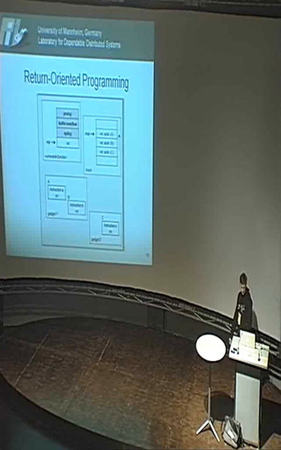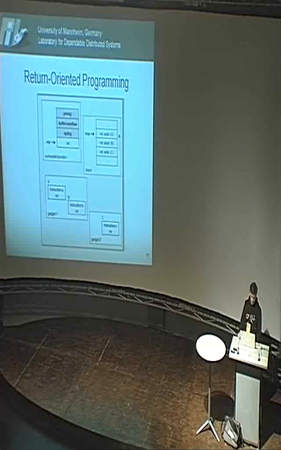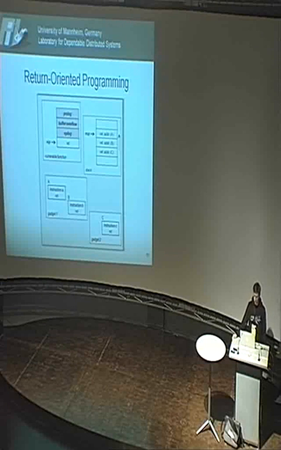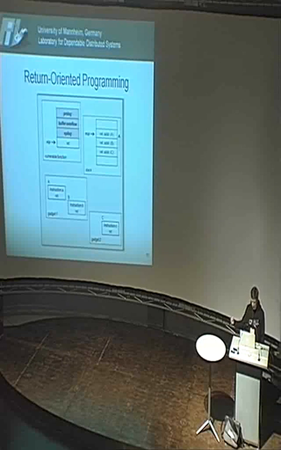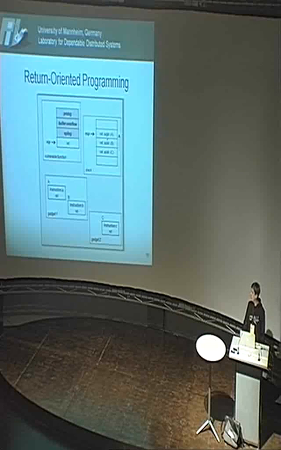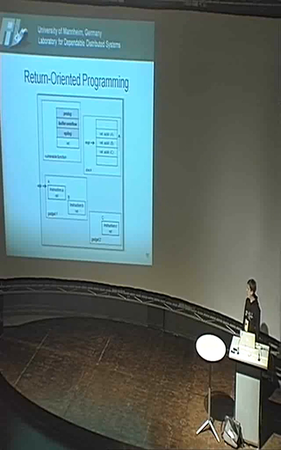But if it reaches the standard return instruction from x86, it will then load the value of the data being pointed to by ESP into the instruction pointer. So what we have is the stack pointer pointing to that modified stack area, and this value now gets loaded into the instruction pointer, which means that it moves along to our instruction sequence A.